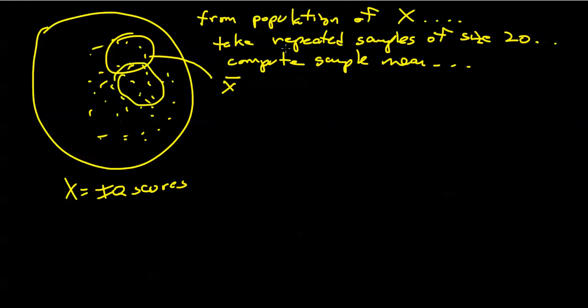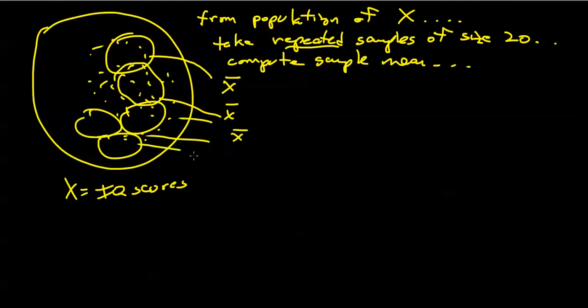That's what I mean by repeated. Now the samples may or may not overlap. From that second sample I'll get another X bar, and do it again and again and again. In the end I'll have a large population of X bar values, sample mean values.